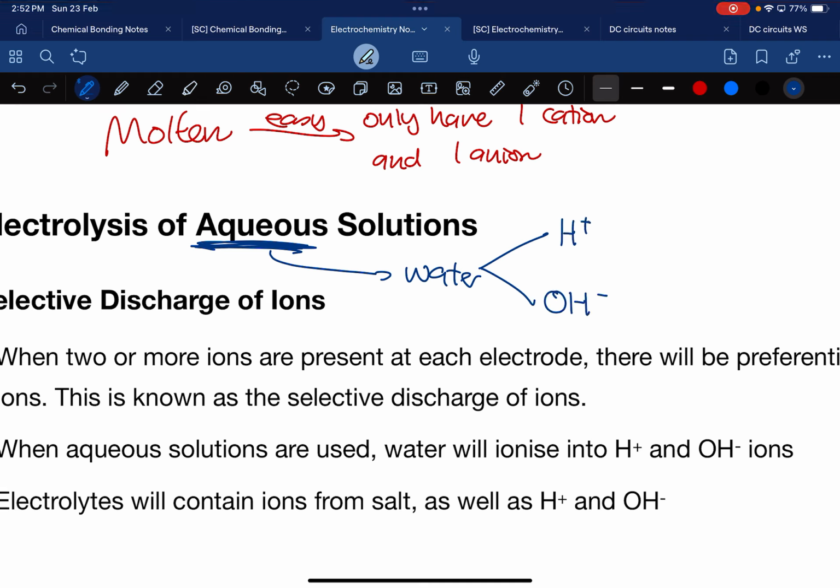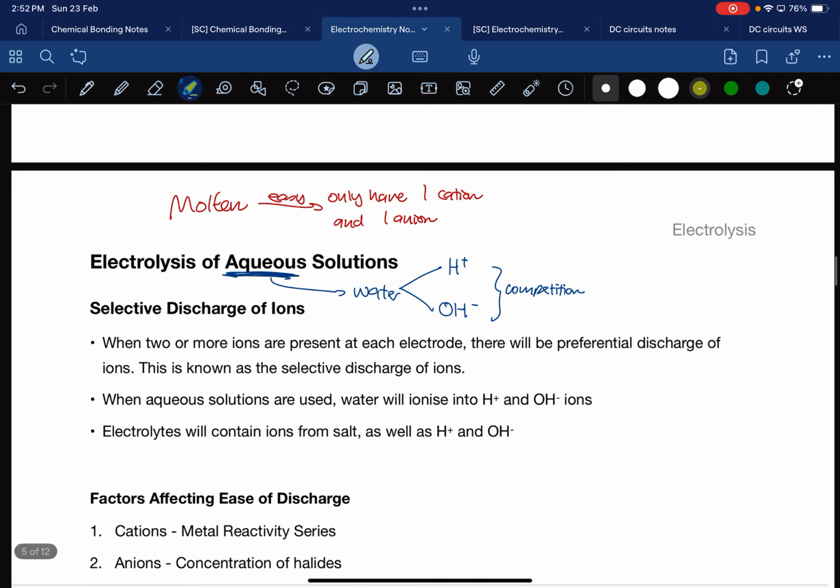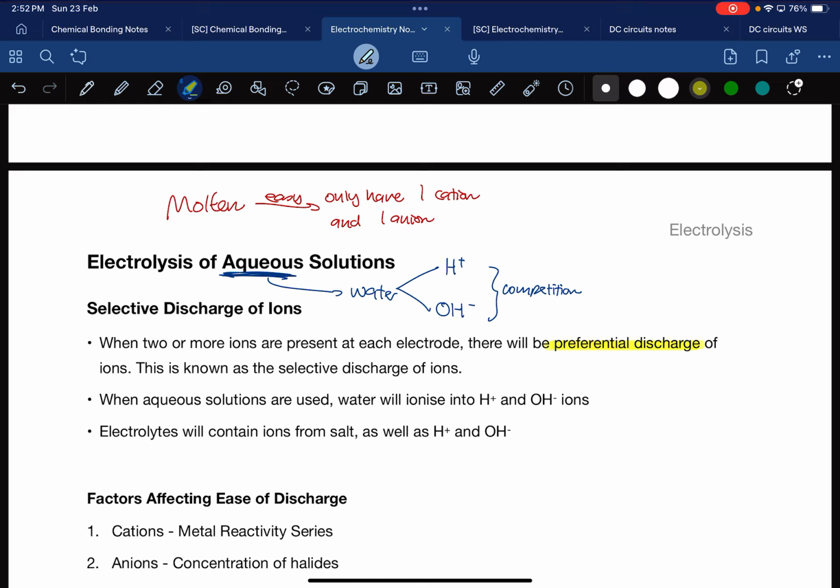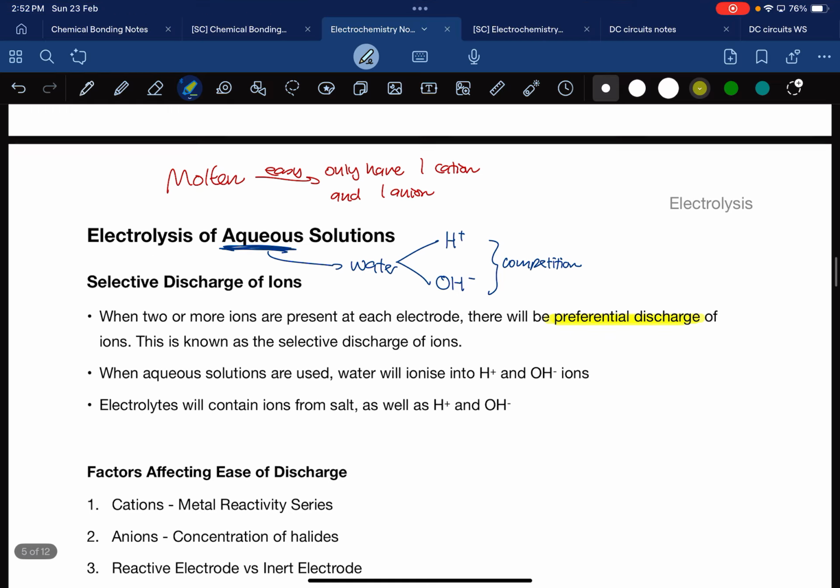In other words, these two are in competition. Taking the previous example into consideration, if you have sodium chloride, your Na plus now has a competitor, which is your H plus. Both are positive, so both will go towards your negative electrode. Who takes priority? That's what we call selective discharge, or preferential discharge, of your ions.